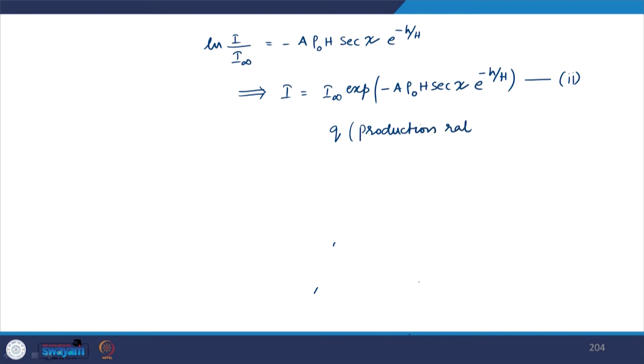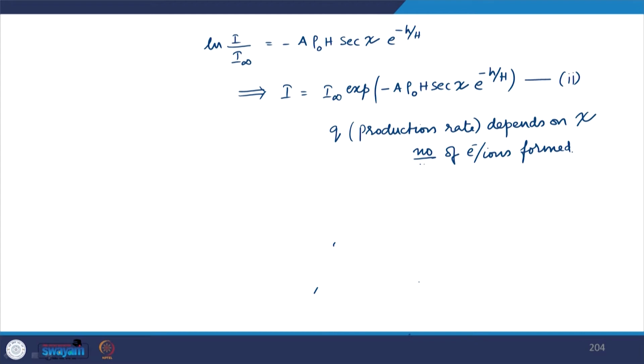production rate. What does it depend on? It depends on chi, or number of electrons slash ions formed, of course, per unit volume energy absorbed by the atmosphere.